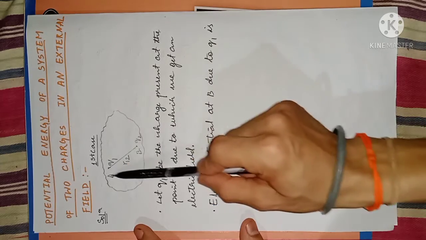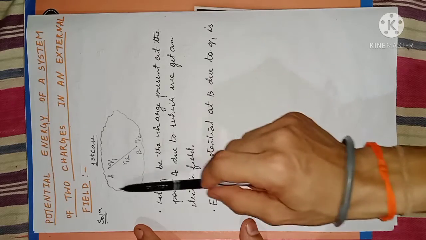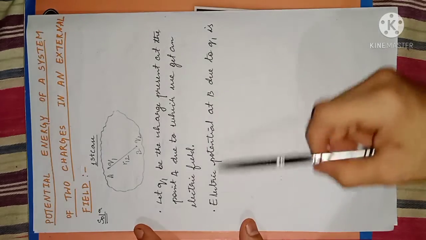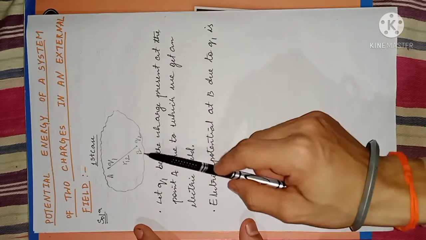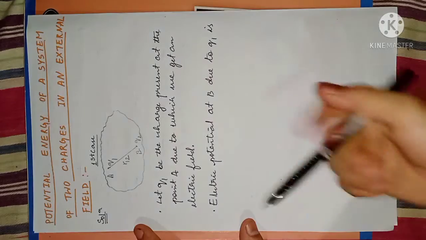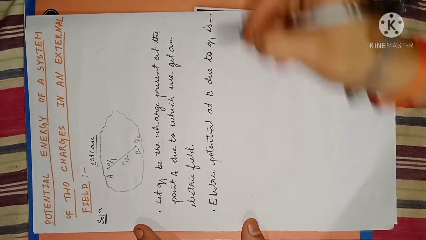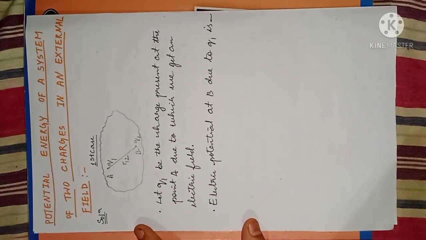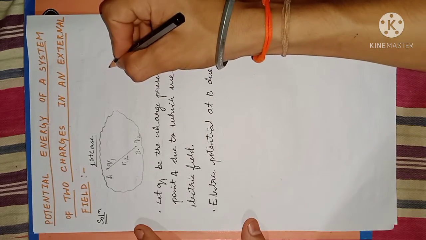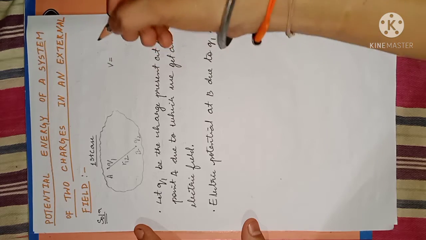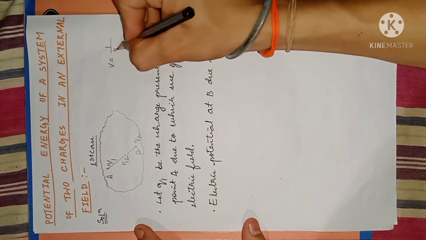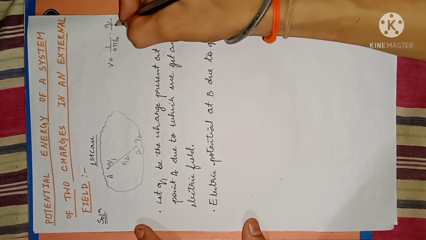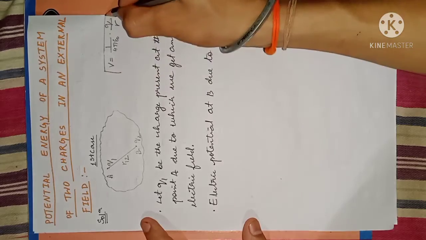Since from Coulomb's law we know this, the electric potential at B due to Q1 is, since we know that electric potential is denoted by V, if you don't know the formula, you can note it down: electric potential V is equal to 1 by 4 pi epsilon naught into Q by R. This is the formula of electric potential.